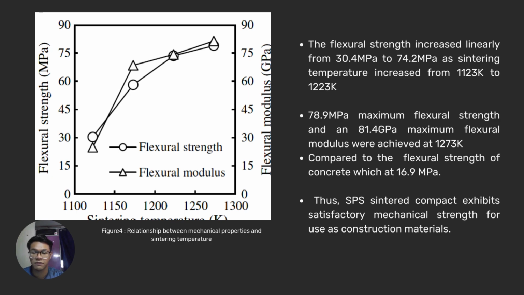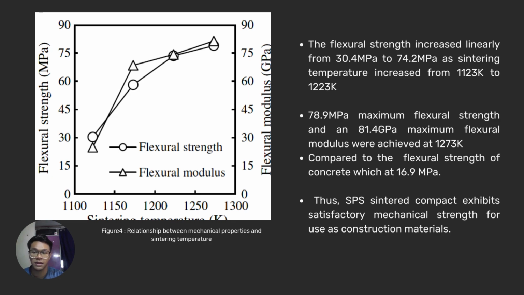We can obtain the maximum flexural strength at 78.9 megapascal and 91.4 gigapascal of maximum flexural modulus were achieved at 1273 Kelvin. When we compare to the flexural strength of concrete, which is only 16.9 megapascal.